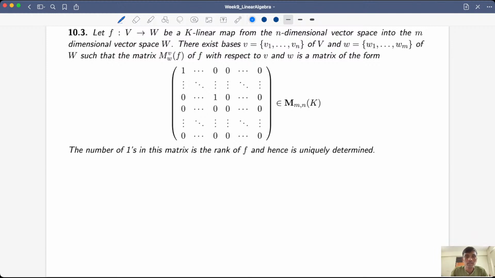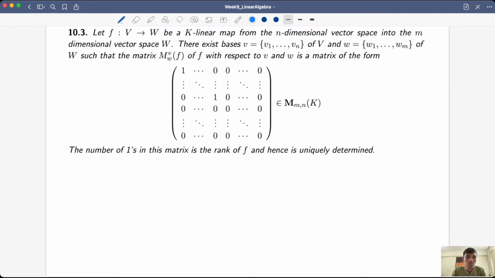Then we need to show that there exist a basis of V consisting of the vectors v1, v2, ..., vn, and a basis of W consisting of w1, w2, ..., wm, such that the matrix of F with respect to these ordered bases has this form, where the first k cross k block is just the identity matrix and everything else is the zero matrix. So this k is exactly the rank of F, and it is uniquely determined.